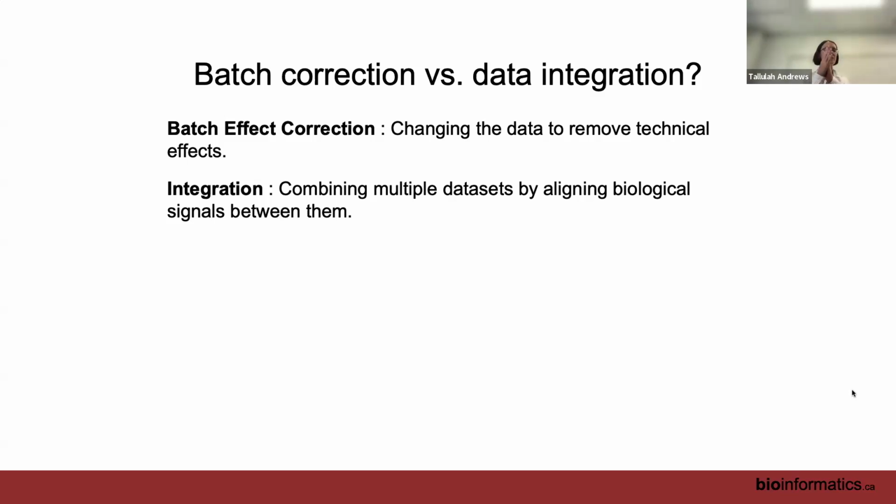So the difference here is we're not explicitly assuming in data integration that the effects we're removing are technical. They could be biological. Right? So if we have different samples from different people or from different tumors, we could integrate those together if we really wanted to. But then we might be removing differences that are real between our different individuals, right? Real biological variability between our replicates.